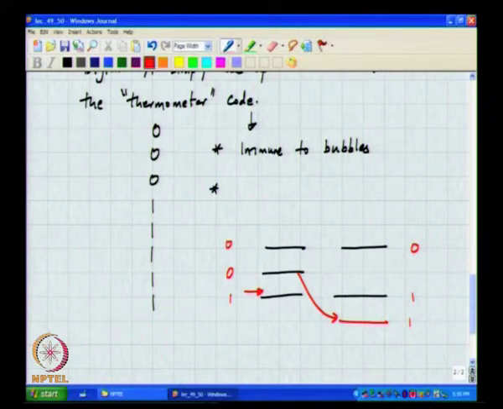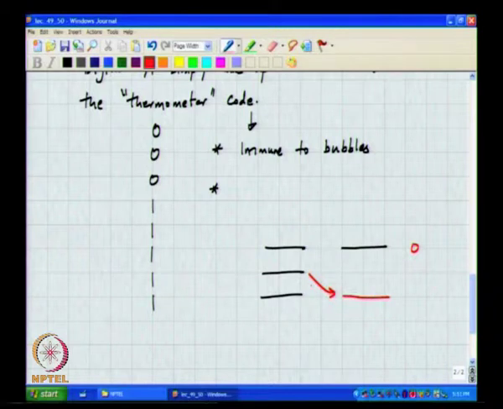So you can see that this causes a fair amount of error, and let me take an even more pathological example. Let us say this threshold moved here and this threshold moved there, okay.